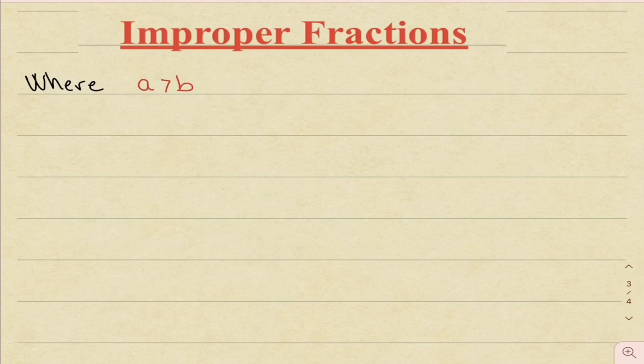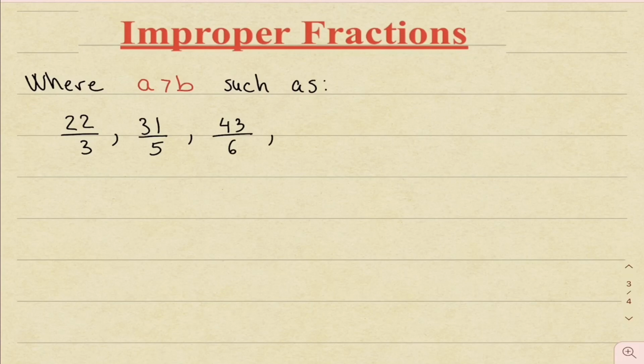Improper fractions are fractions where the numerator is bigger than the denominator, for example, 22 over 3, that's an improper fraction. 31 over 5, 43 over 6, 3 over 1, 5 over 2. So these are improper fractions where you can see the numerator is always bigger than the denominator. Now, any improper fraction can be written also as a mixed number.